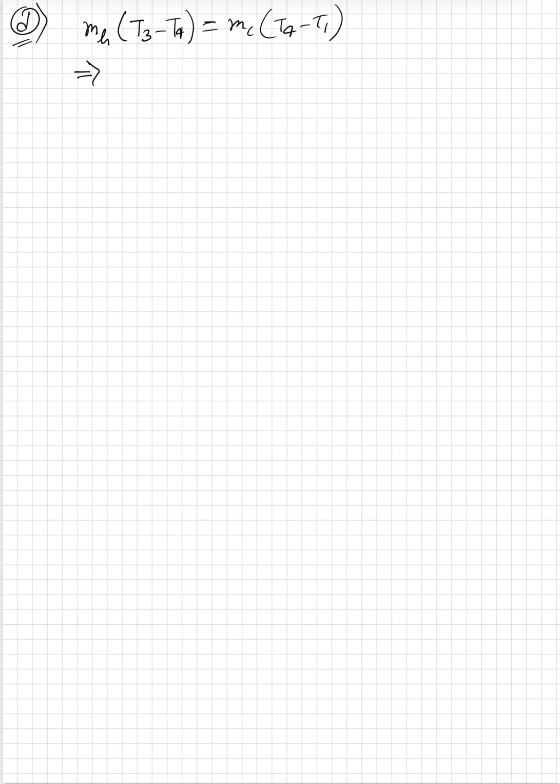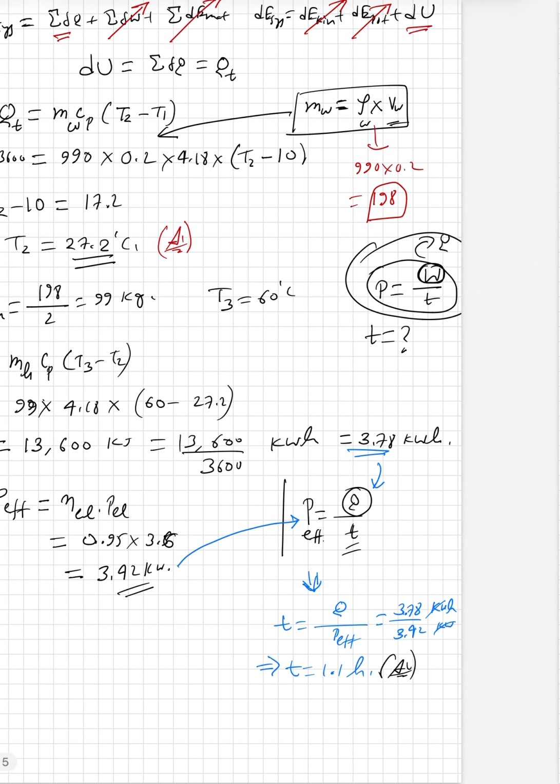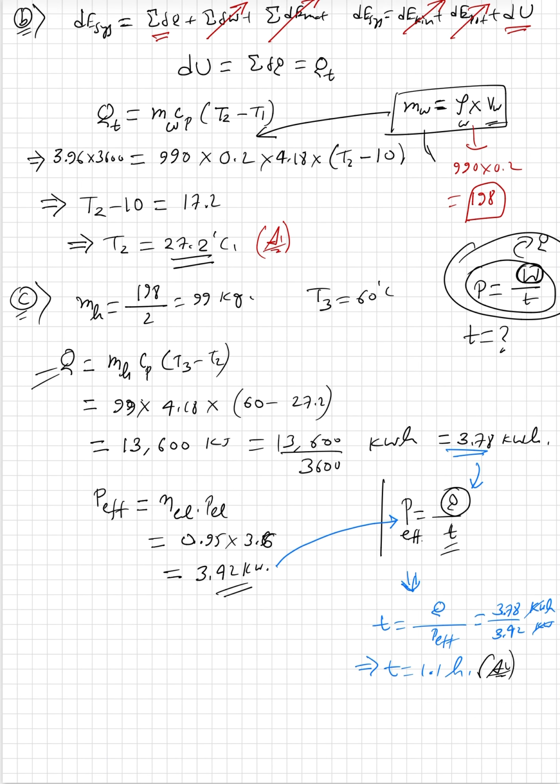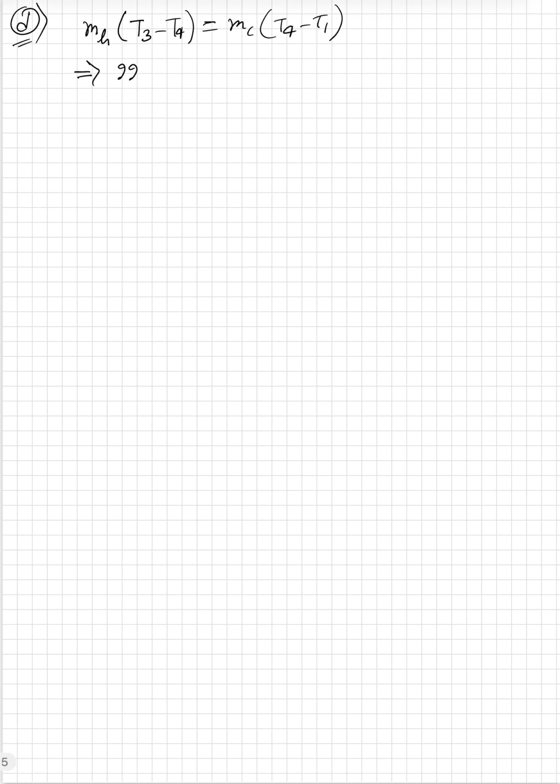We all know the mass of hot water is 99, which we solved in the previous part, and we have T3 as 60 and T4 as 37. We have to calculate the mass of the cooling water; T4 is 37 degrees and T1 is 10.